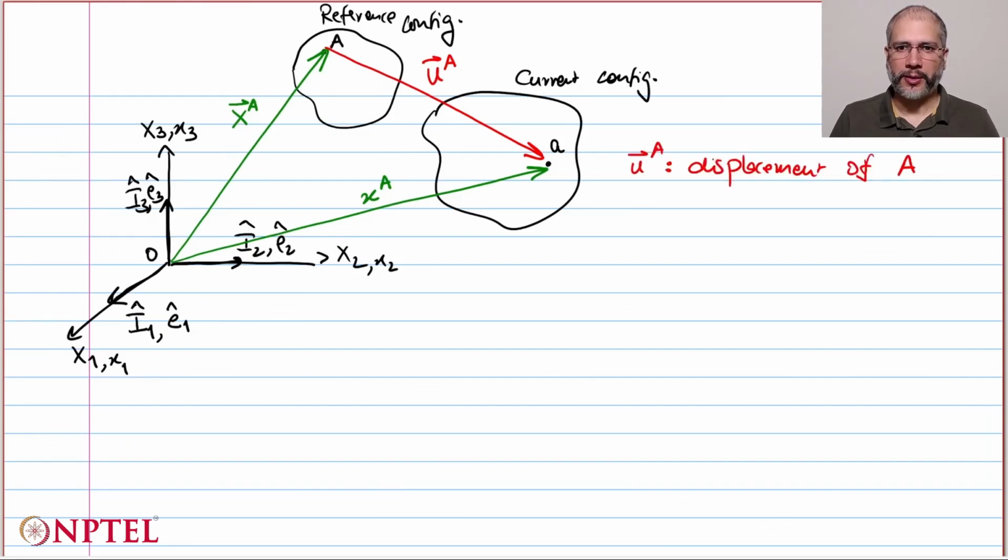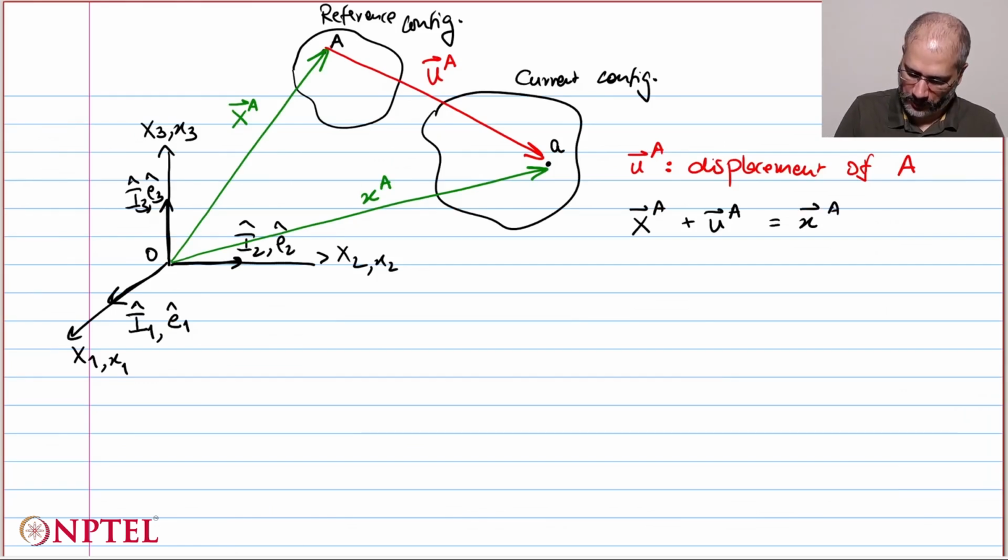From these three vectors, we can see that the vectors capital XA and displacement vector UA add to give the small xa. This is a vector, sorry. And from here, I can find that displacement UA can be written as small xa minus capital XA.